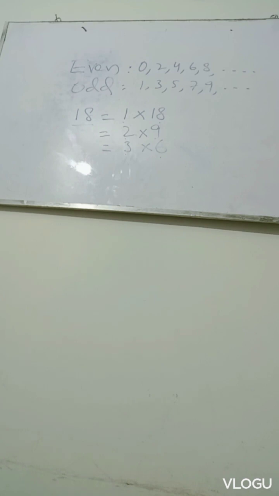So whole numbers can also be classified into 2 other groups based on the factors: prime numbers and composite numbers. A prime number is a whole number that has exactly 2 different factors that are 1 and itself, like 2, 3, 5, 7, 11, 13, 17 and likewise.